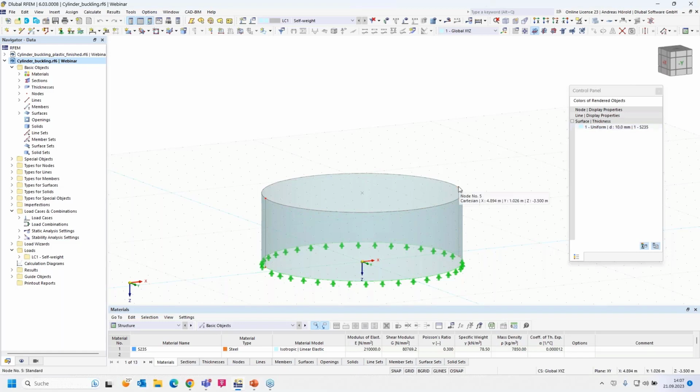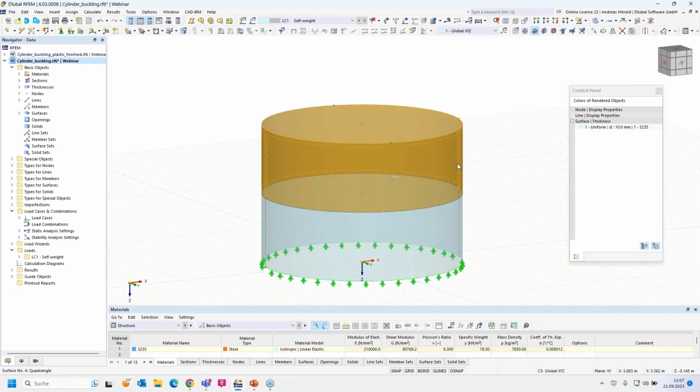It's 3.5 meters high. I can copy that by selecting it, then pressing the Control key, and you can see the plus. That's the sign that I copy the shell, and then I move it via drag and drop to that point. Because that ring is also 3.5 meters high, according to our example.